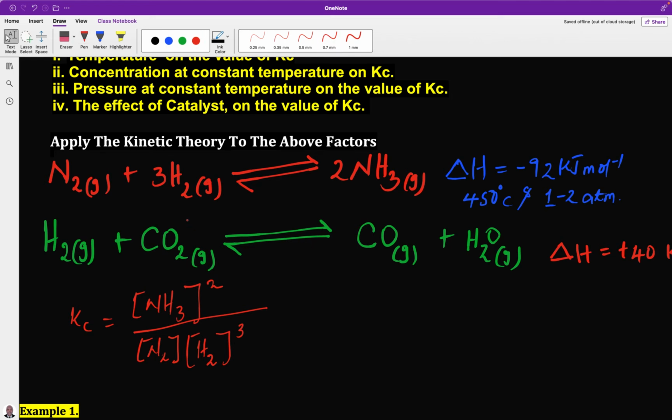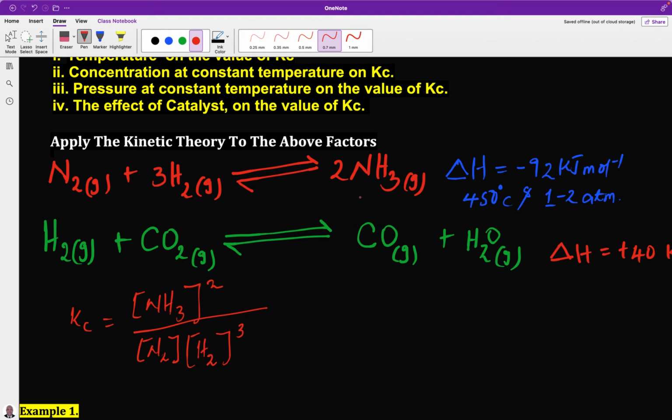In this system here, if the pressure is decreased, look at it. There's more pressure here with more number of gaseous molecules than on the right.